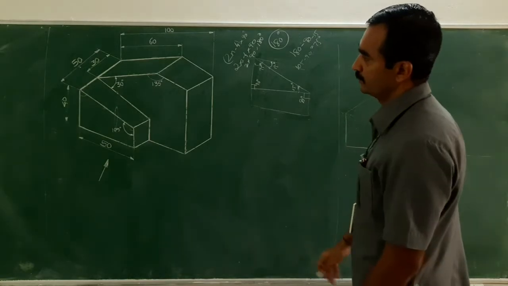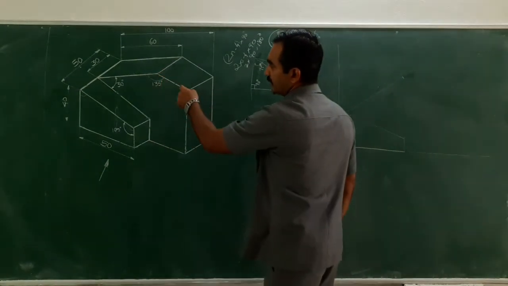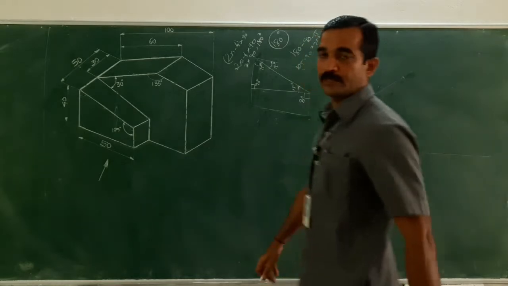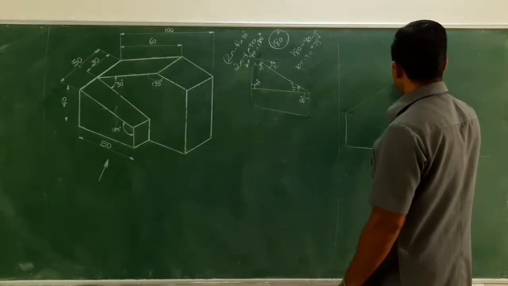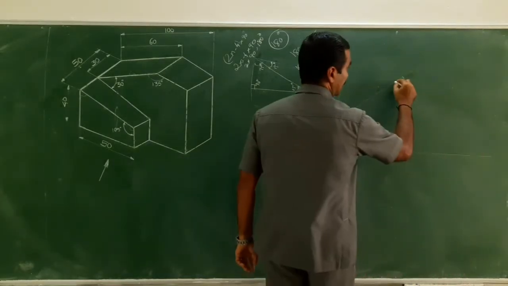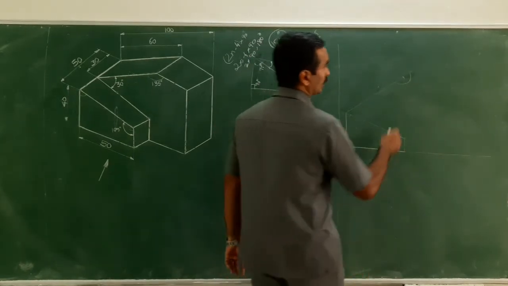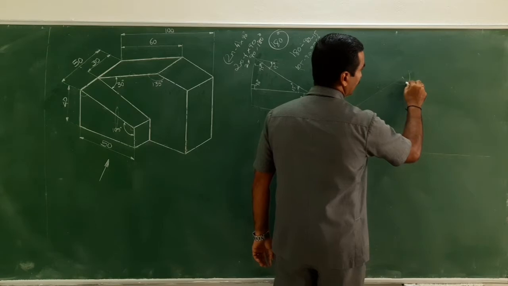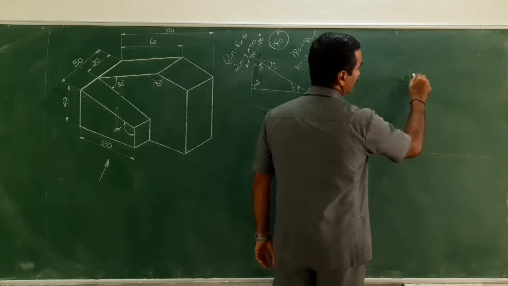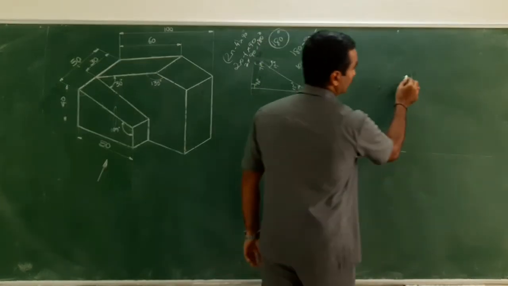So this is 60. Now I need to draw this inclination, right? How could that be possible? Keeping the protractor in this manner, this could be your 90, somewhere here 135, right?